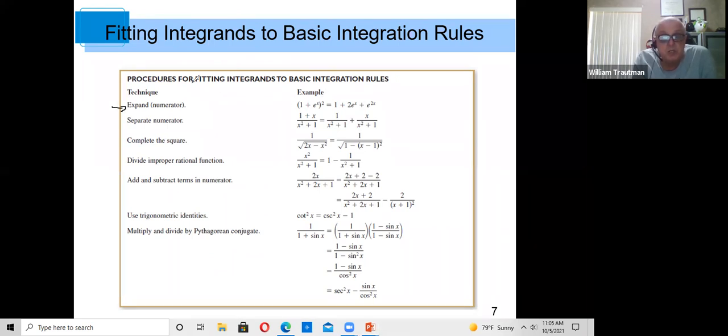You can expand. In other words, you can, here, you can write 1 plus e to the x times 1 plus e to the x and distribute, and FOIL it. And that's what you get. And then you can integrate it. Separate the numerator. If you have a plus up here, you can say 1 over the denominator plus x over the denominator.